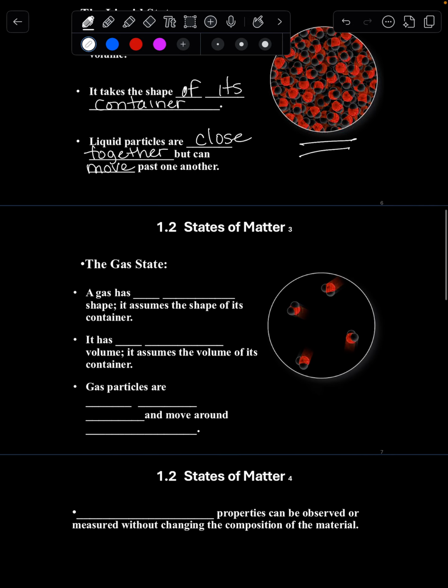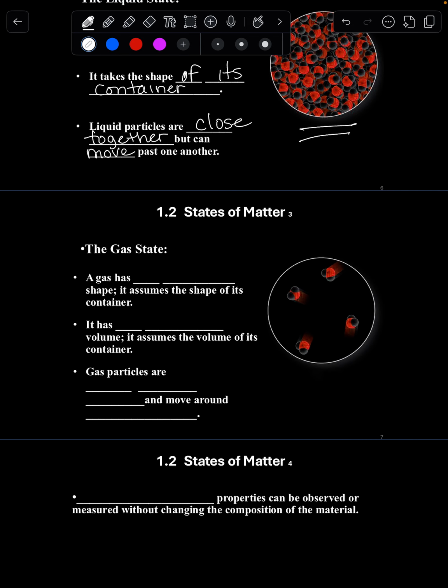The third state of matter that we see is the gas state. And again, we have a particle drawing of water in a gas state. We typically call this water vapor, but it's just water in the gas state. Gas has no definite shape. It assumes the shape of whatever container that it's in, and it has no definite volume. Again, it takes the volume of the container that it's in.